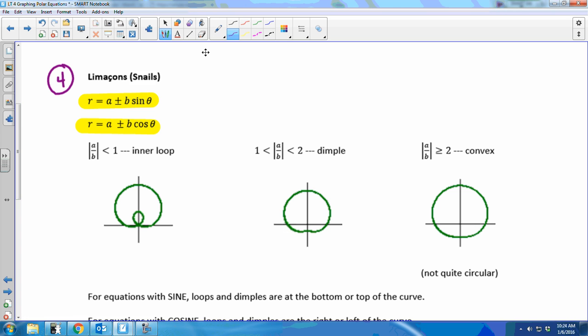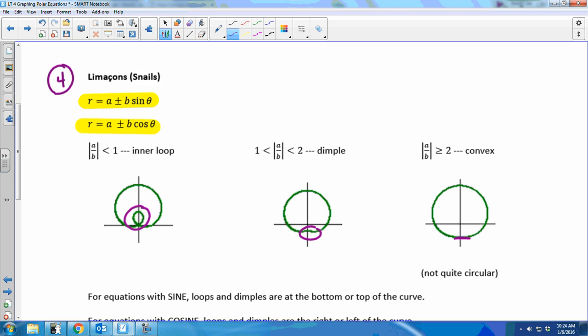If the absolute value of a divided by b is less than 1, you get this inner loop. If the absolute value is between 1 and 2, you just get a little dimple. And if the absolute value of a divided by b is greater than or equal to 2, then you get what looks kind of like a circle, but it's kind of flat on one edge.